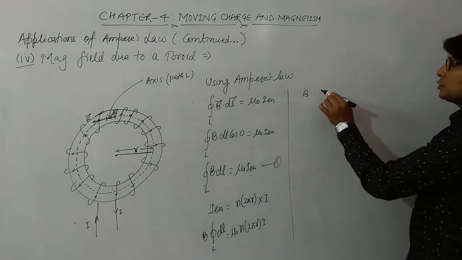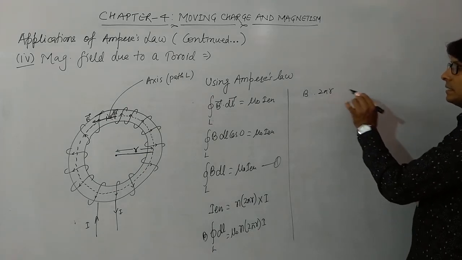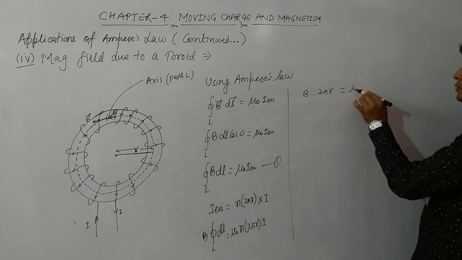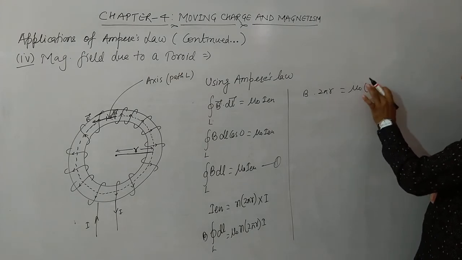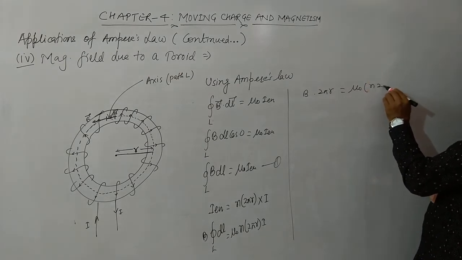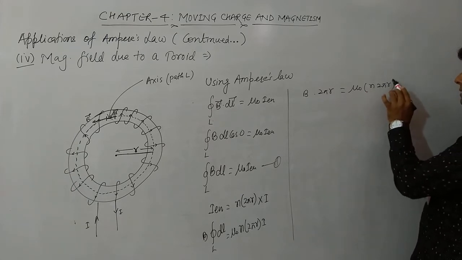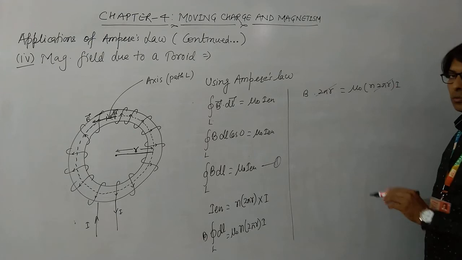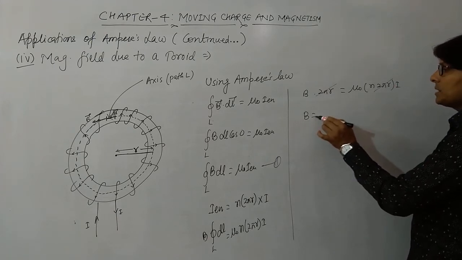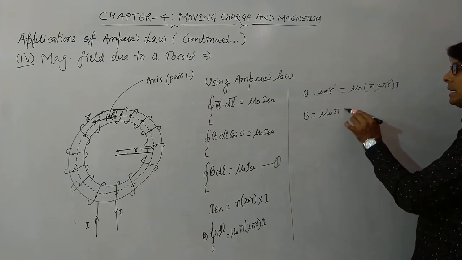So B times 2 pi r is equal to mu 0 n into 2 pi r times I, and this 2 pi r cancels out, so it comes out that B is equal to mu 0 n I.